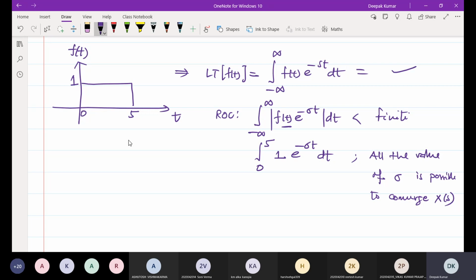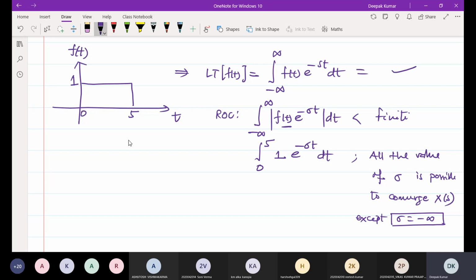When you take another example, you will see another value. If you consider sigma equal to plus infinity, then it is okay. If you consider sigma equal to minus infinity, that value should not be considered.